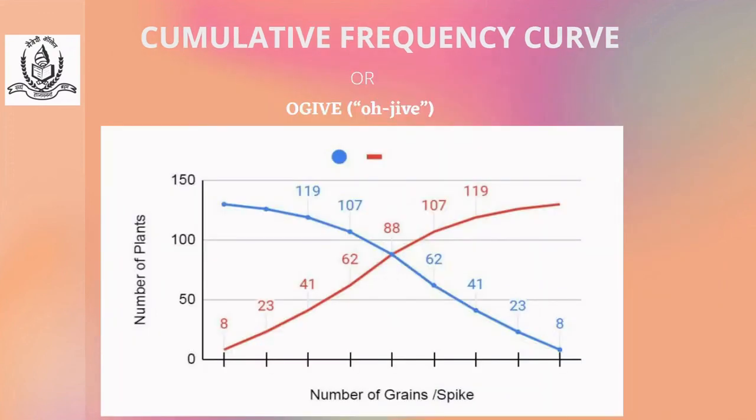This data is then used to plot the declining and the rising curve, where the cumulative frequency curve or the ogive is made. As the number of grains per spike increases, we can see the change in the number of plants.